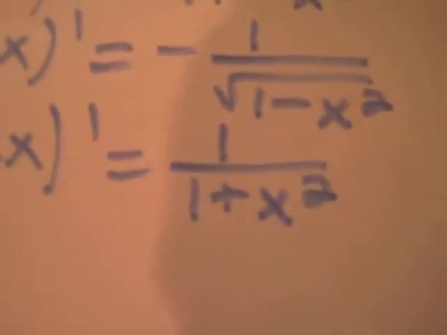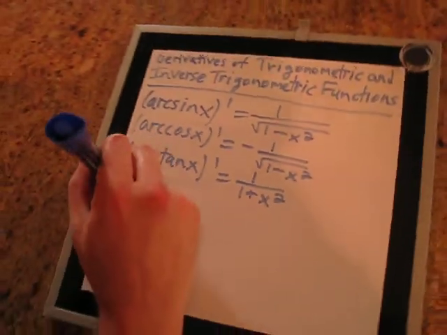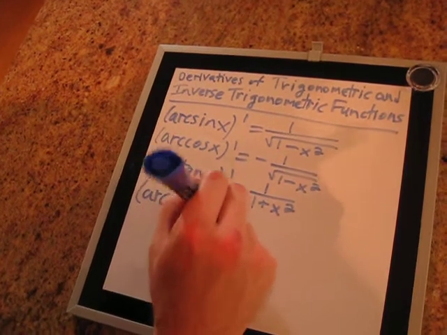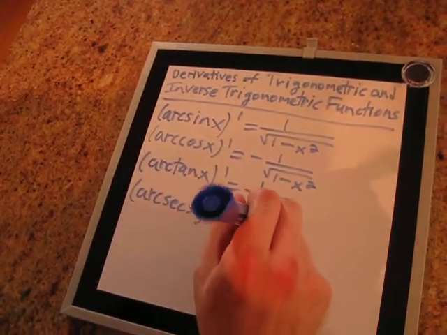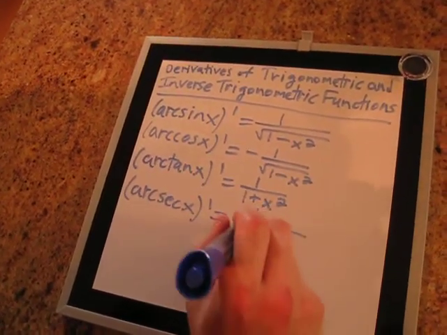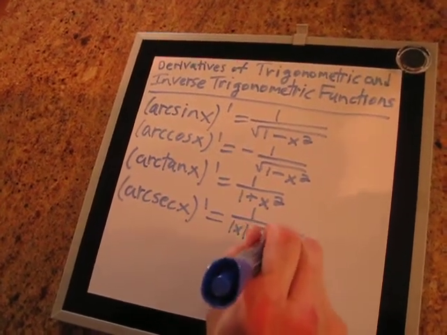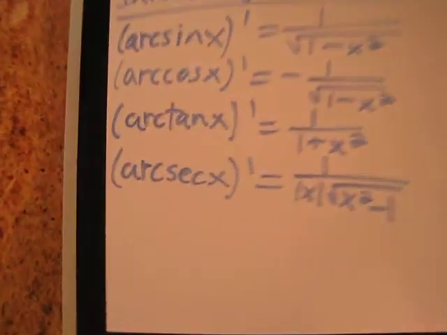The fourth inverse trigonometric function is arcsecant, and the derivative of arcsecant is 1 all over the absolute value of x times the square root of x squared minus 1. That's the fourth one.